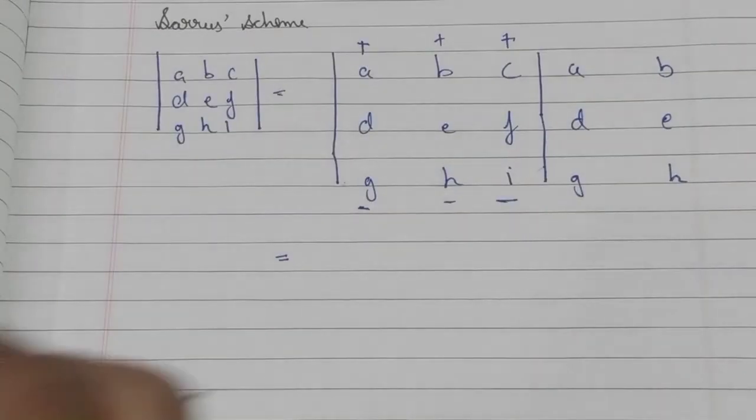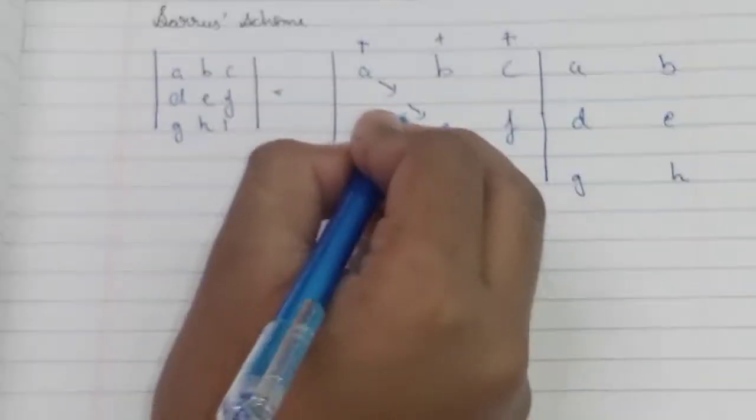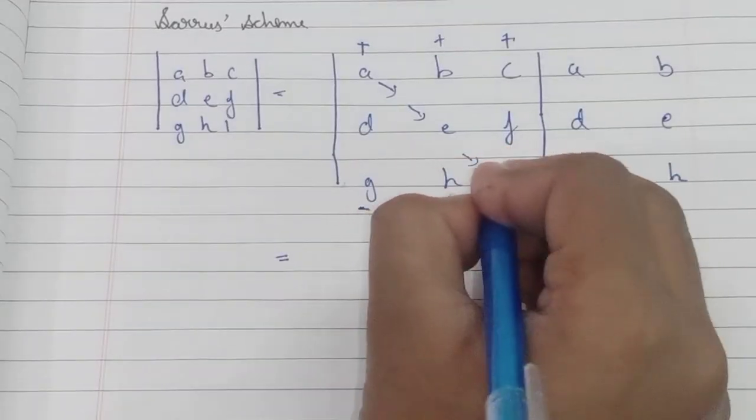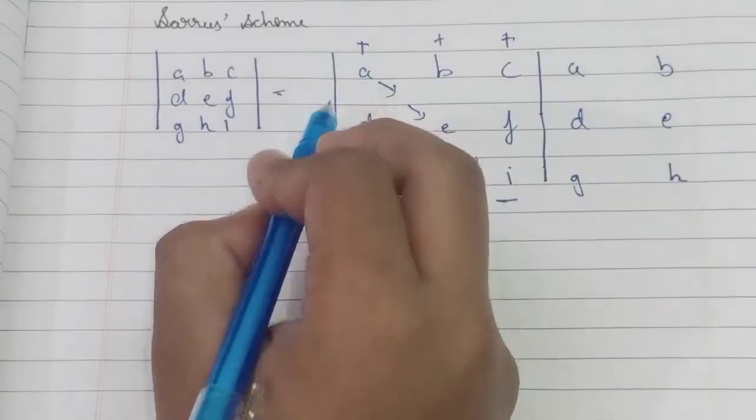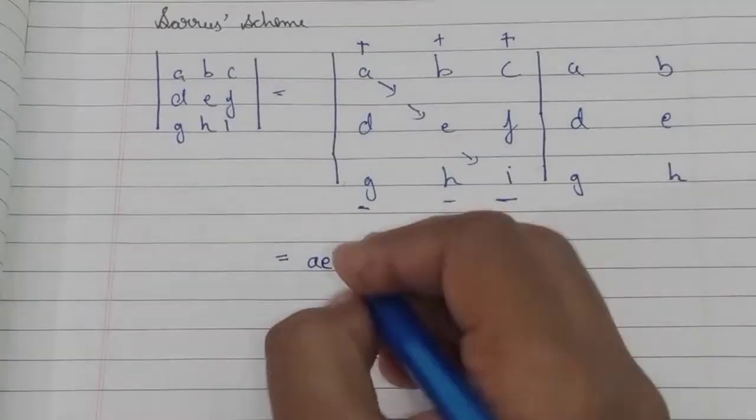Now go in diagonals. So this is like going here, A into E into I, and since it was positive here, it will be A E I, positive.